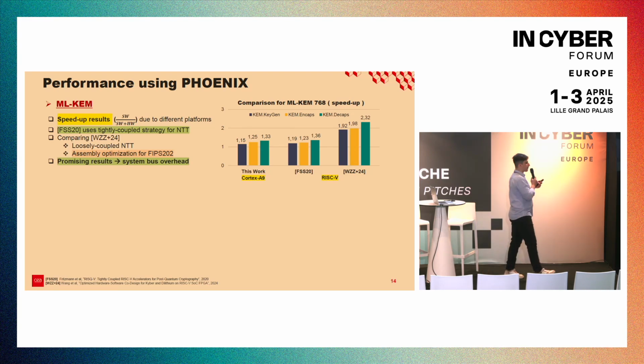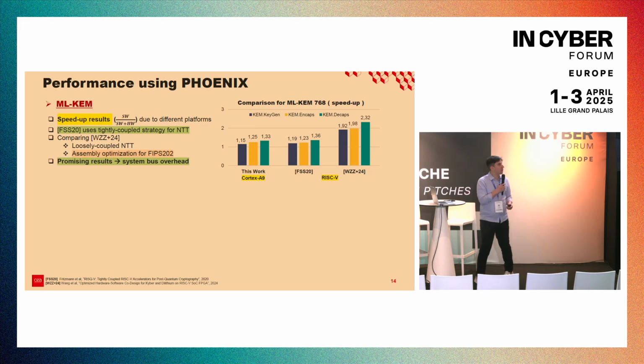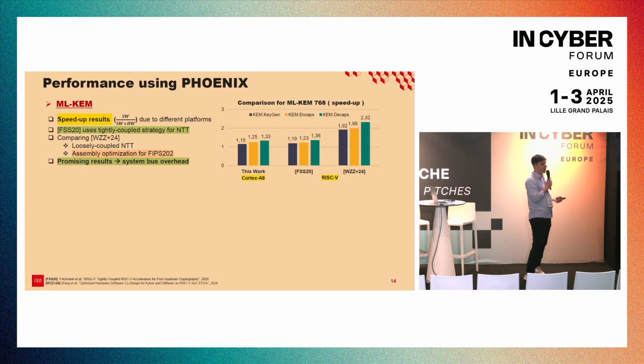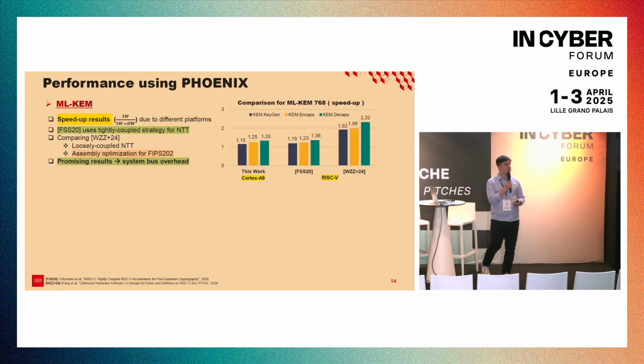Then we will discuss the performance of this cryptosystem after the integration of Phoenix. First of all, we take into account the integration in ML-KEM. We evaluate our result in terms of speed-up factor because of the different platforms on which it is nowadays possible to find NTT integrations. We compared our result with the first reference, and what we can notice is that the result is pretty aligned, although the first reference integrates the NTT using a tightly coupled approach.